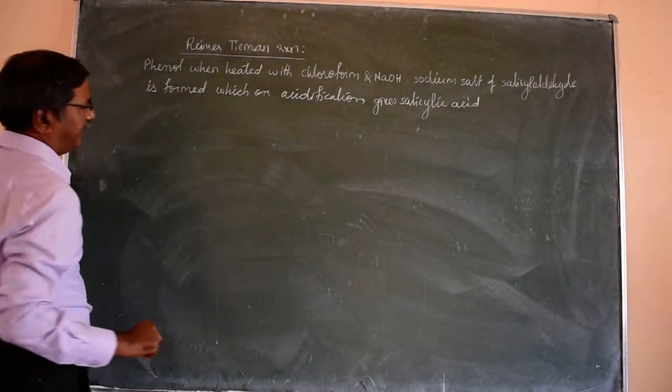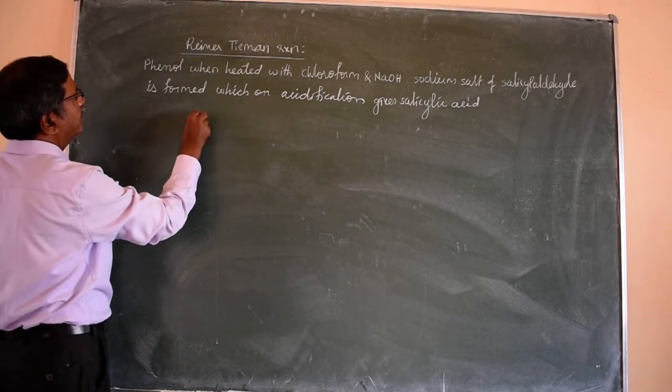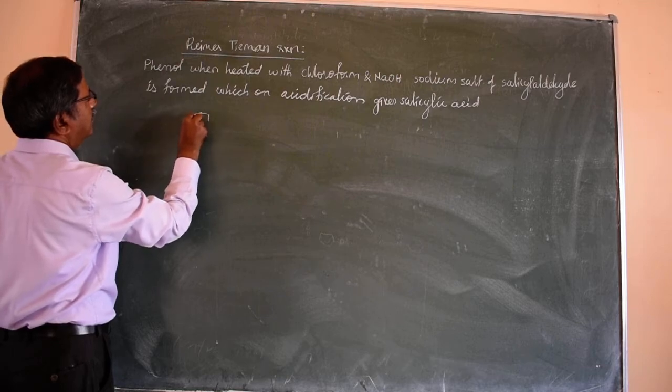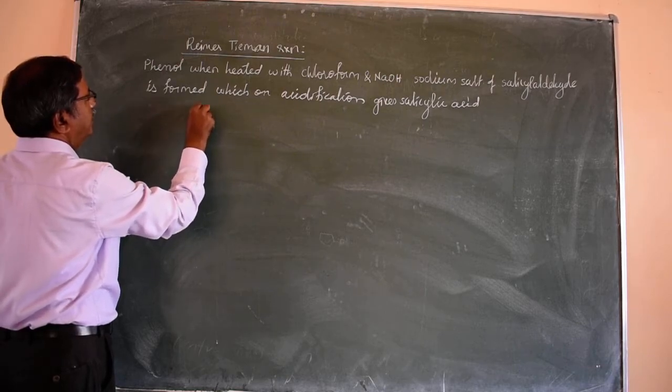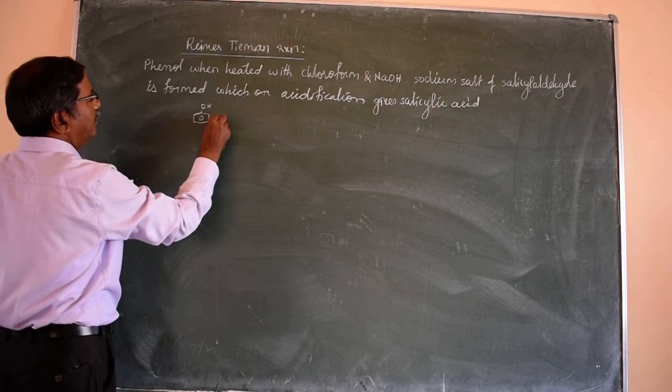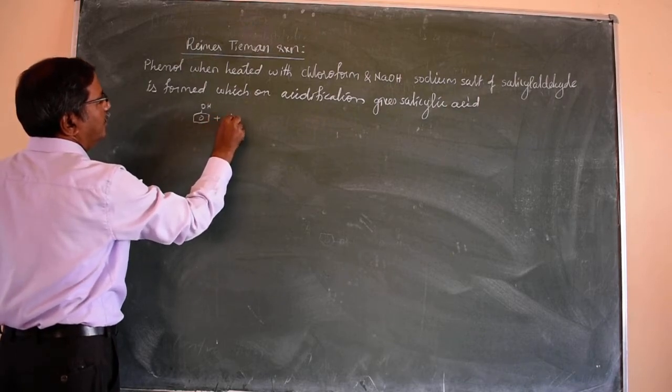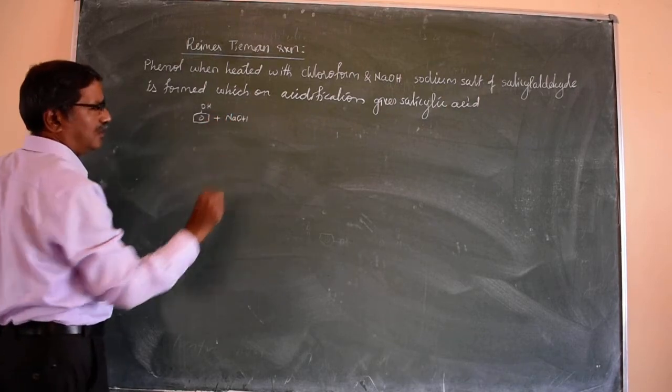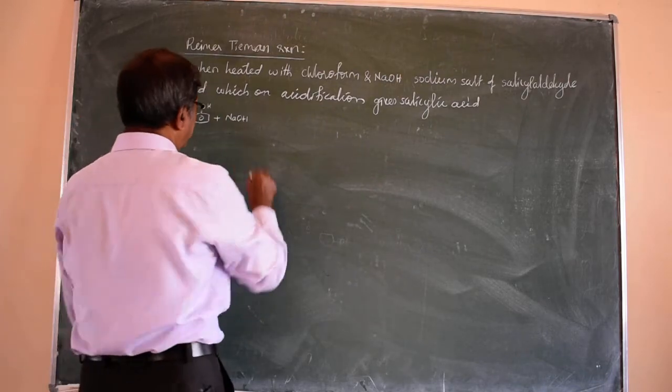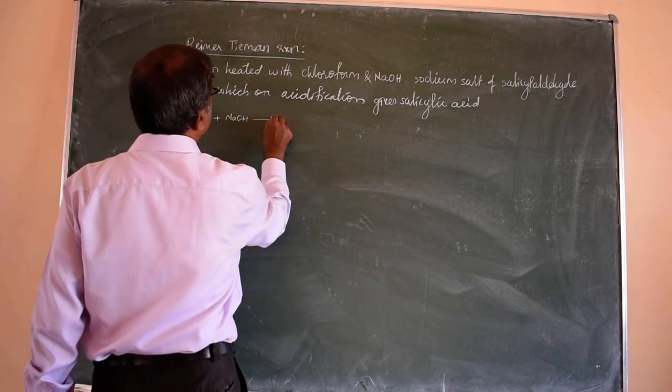Well, we can write the equation for this. Phenol at first reacts with NaOH because we know phenol is an acid and NaOH is a strong base, also called an alkali. The product is sodium phenoxide.